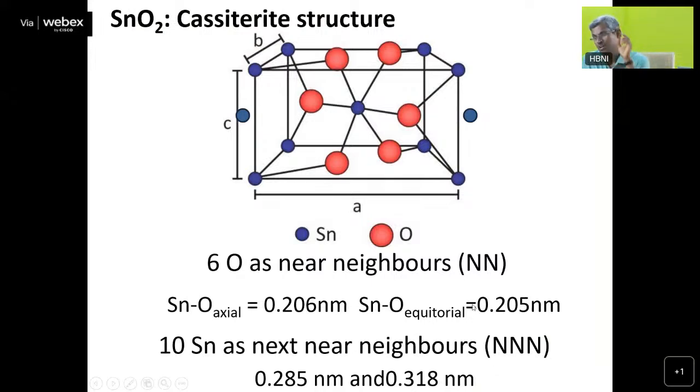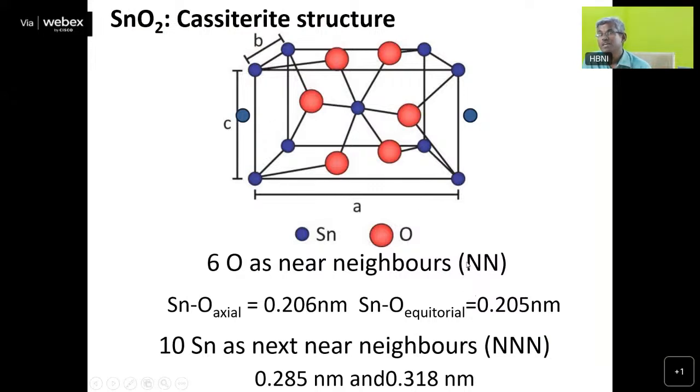That will be far away, too far away, and will be applicable for the above unit cell. Above, there is one unit cell; for that, it will be applicable. So if you see the near neighbor distances, we have 6 oxygen and next near neighbors of 10 tin. 8 are in the plane and 1 above, one left hand side and 1 right hand side, at a much farther distance.